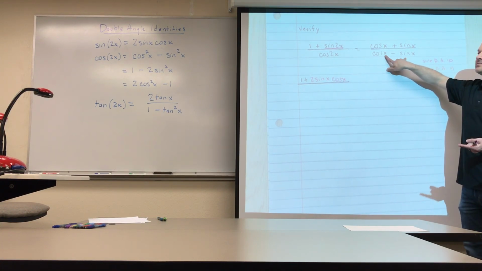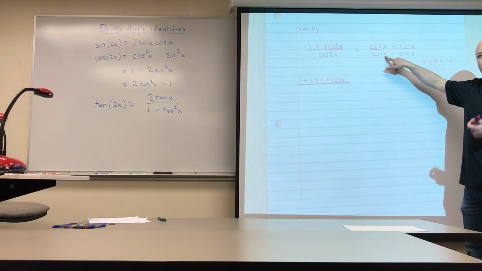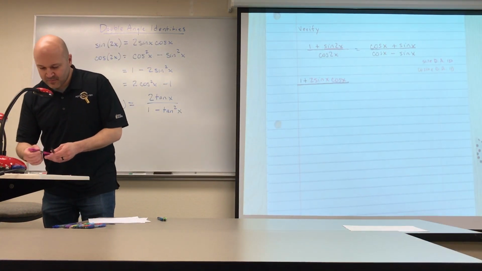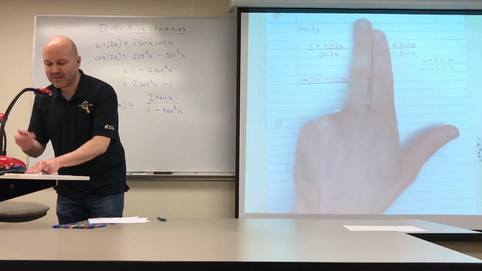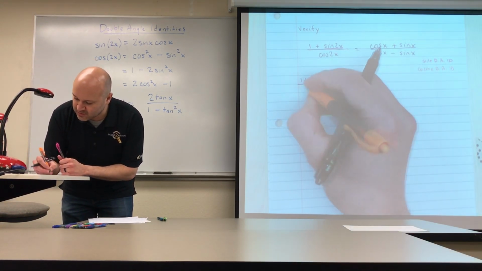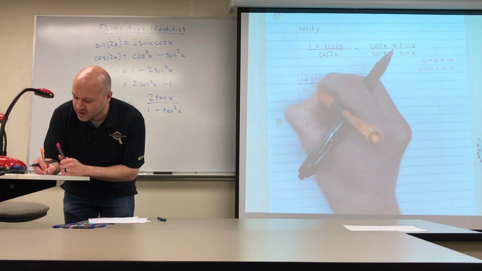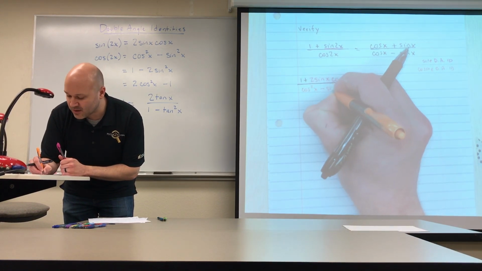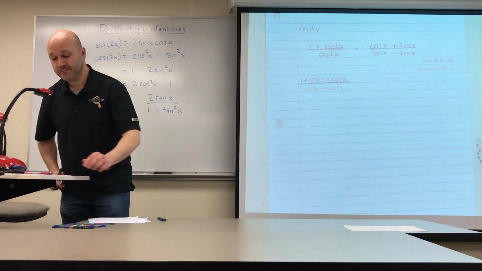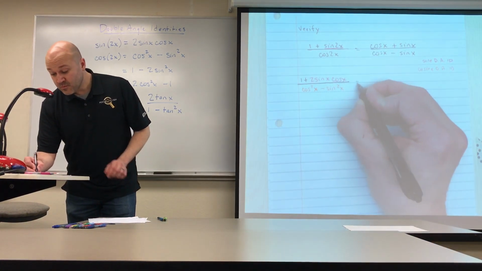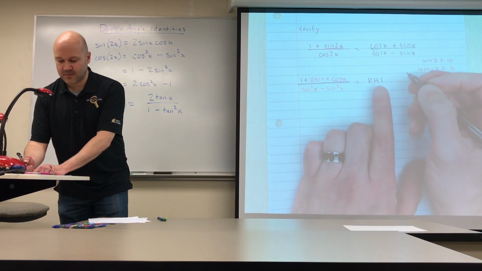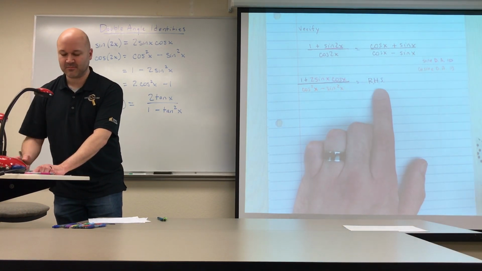I see cosine and sine, so I'm just going to use the main one, cosine squared minus sine squared. If I only had sines, I may use the only-sine version, but I see both. So I'm going to replace this with cosine squared x minus sine squared x. I'm going to say this is equal to the right-hand side. This is just notation that I'm not touching the right-hand side; I'm just going to recopy it down.